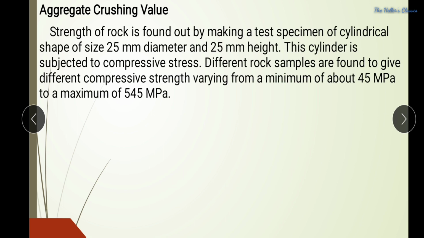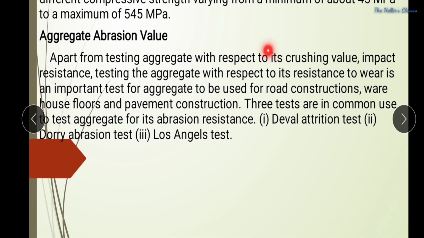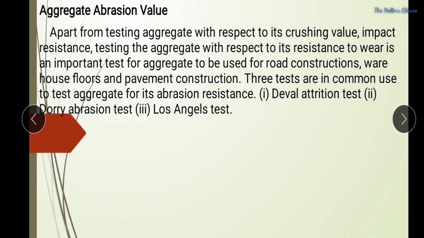So aggregate crushing value is tested in a 25 mm diameter, 25 mm height cylindrical portion, exposed to compressive stress, and while applying some amount of force, 45 megapascals to a maximum of 545 megapascals, we may get the crushing value, and this is also discussed in the testing part.